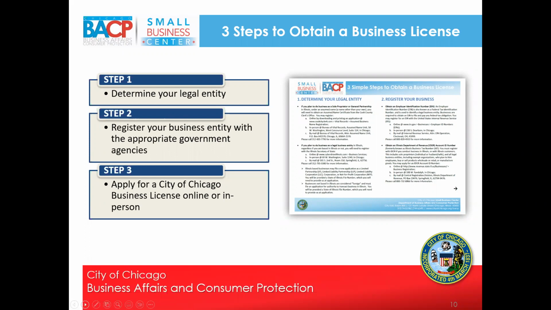Think about the EIN number as like the social security number for your legal entity. And if you're going to be doing any retail sales of any tangible items here in the city of Chicago, then you also have to apply for the IDOR number, which you're able to get through the Illinois Department of Revenue. Next slide, please.